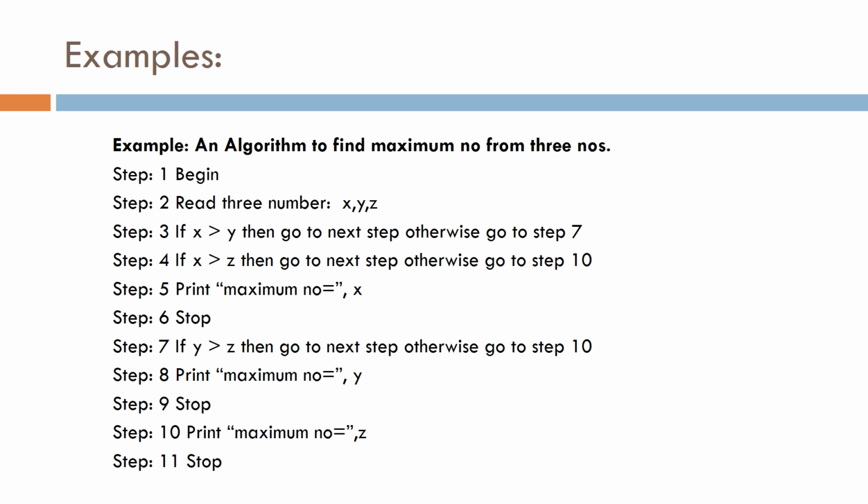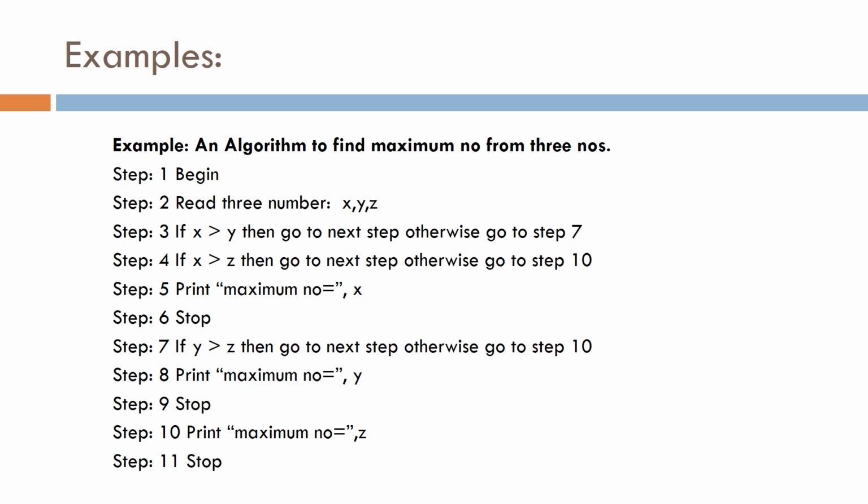The next example is an algorithm to find the maximum number from 3 numbers. Previously we saw the maximum number out of 2 numbers. Now we are writing the algorithm for the maximum number from 3 numbers. The 3 numbers we are taking as x, y and z.